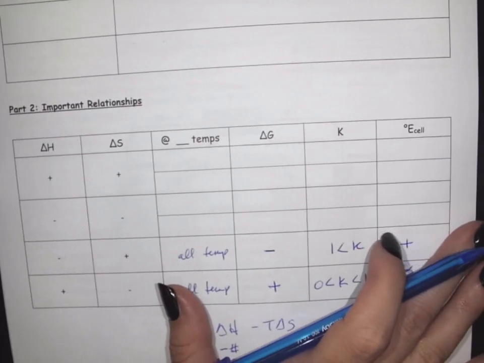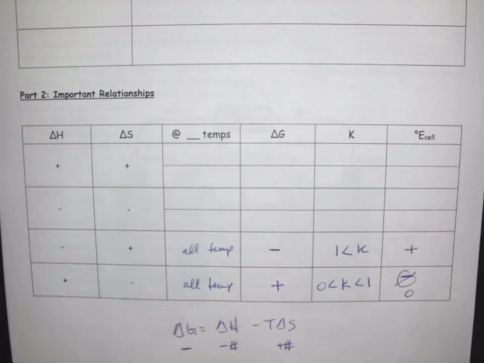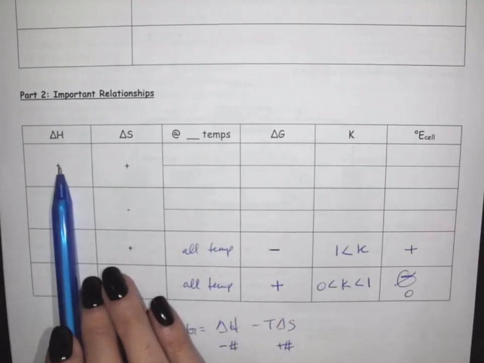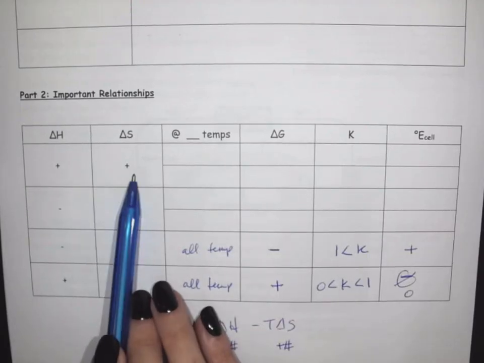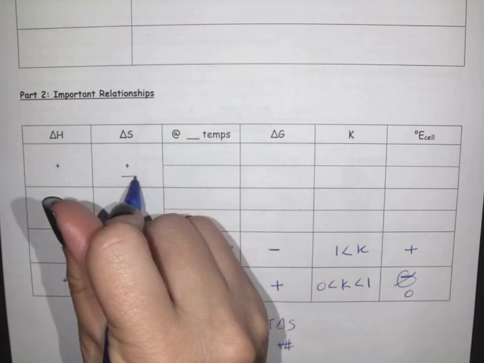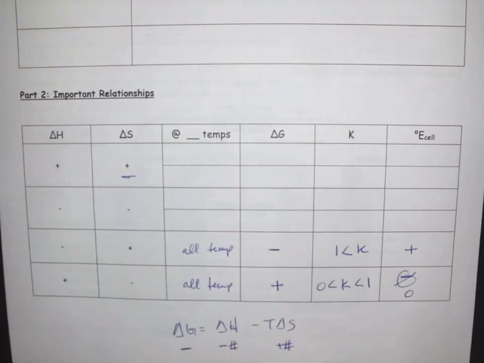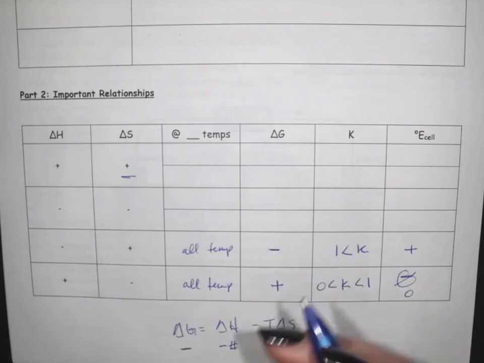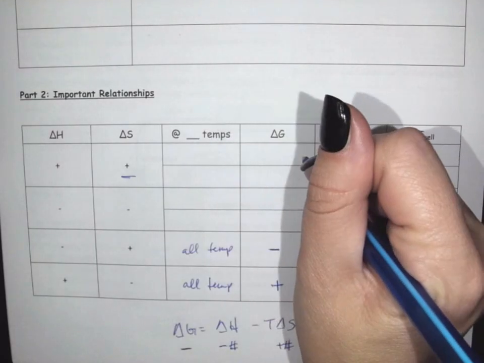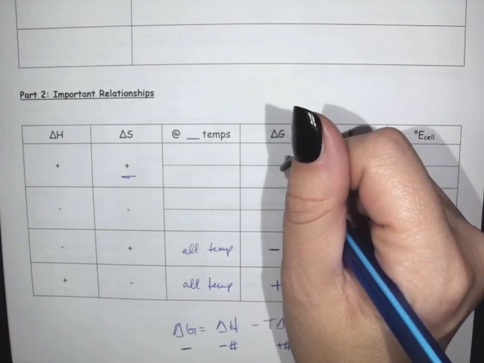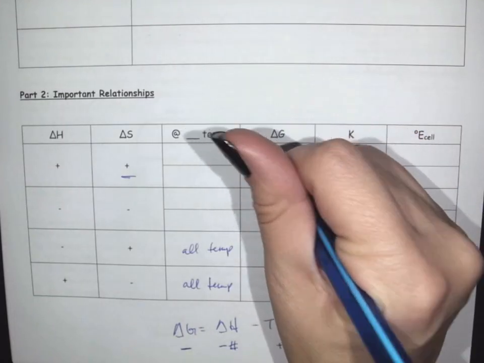So now we get into these two situations where there's a driver. For example, when delta H is positive and delta S is positive, that's when delta S is the driver. It's what's trying to cause delta G to be negative. So sometimes delta G is positive and sometimes it's negative.